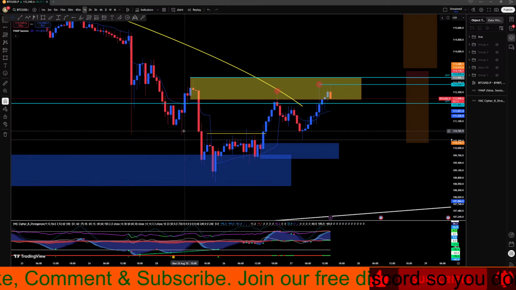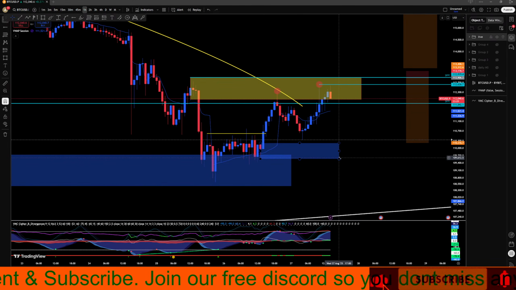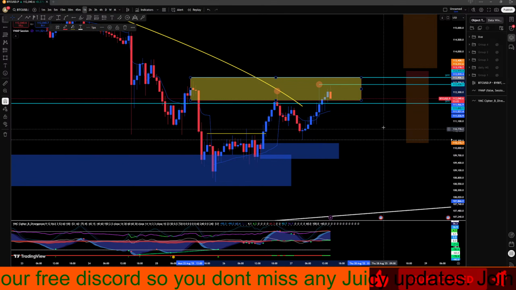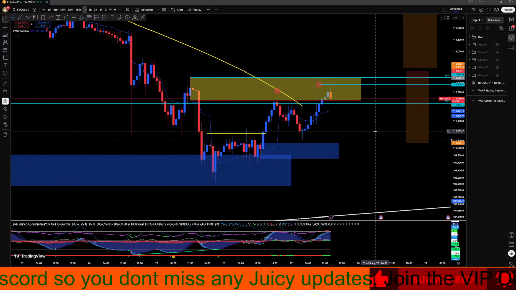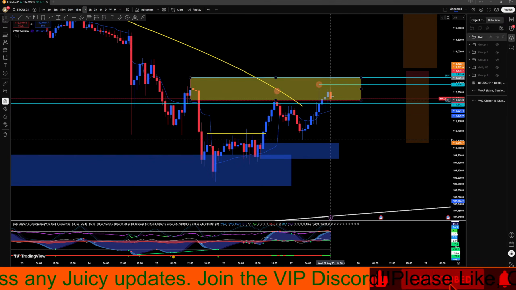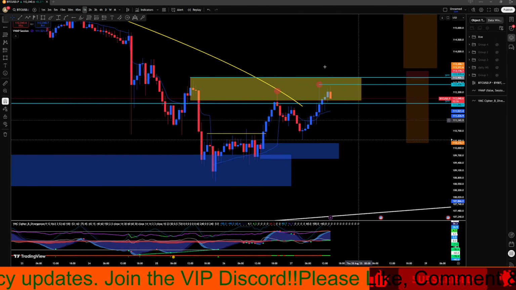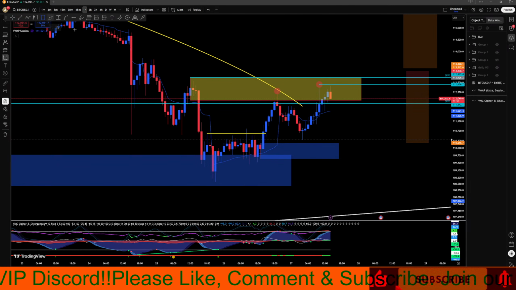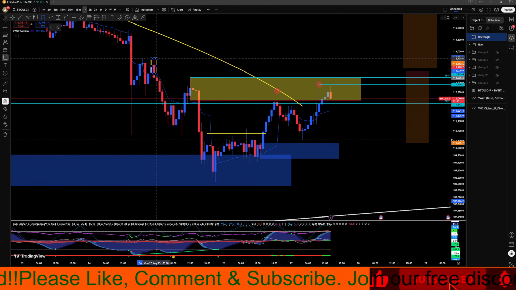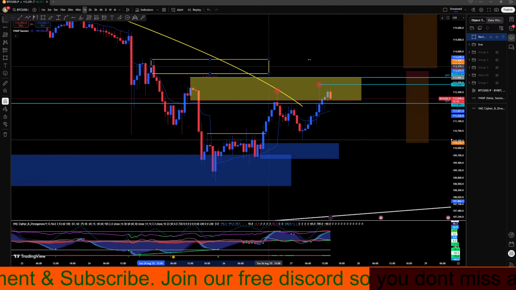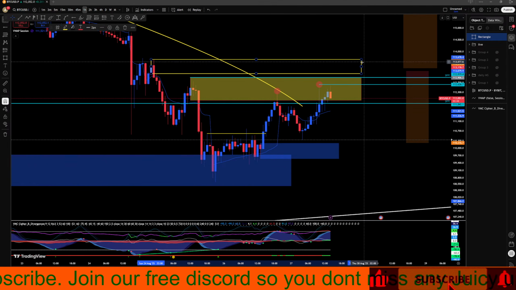So hopefully we can get above there before New York is out. And we need to keep in mind that if we do try to push higher, this could be a possible short, and we do have this zone above that we did not fill.